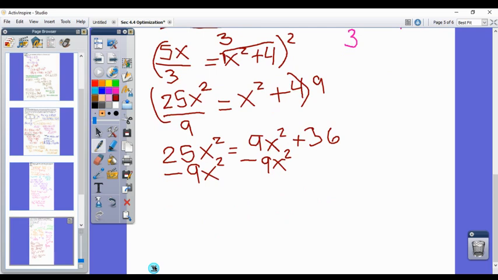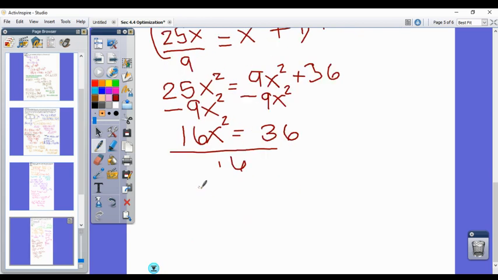So we're going to end up with 16x squared divided by 16. And again, when I'm taking the square root here, I don't care about the negative because we wouldn't have negative distance.